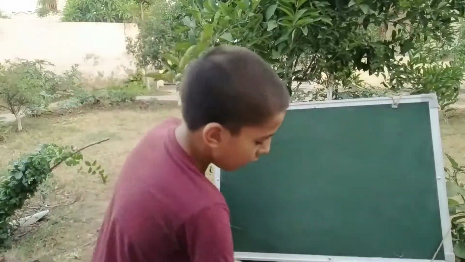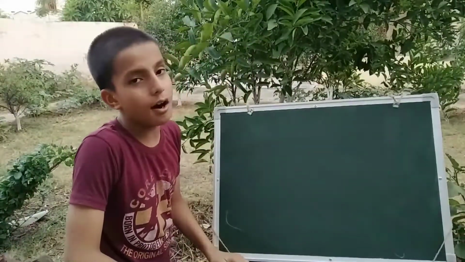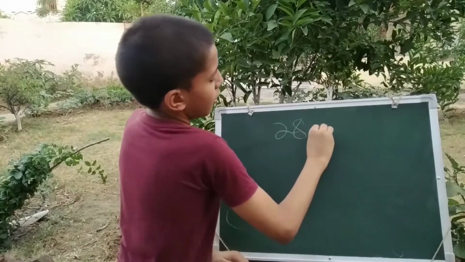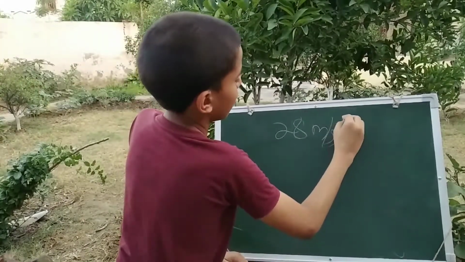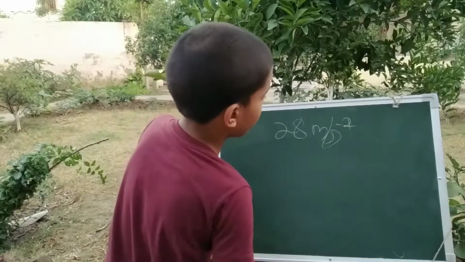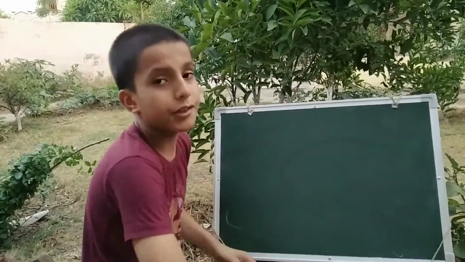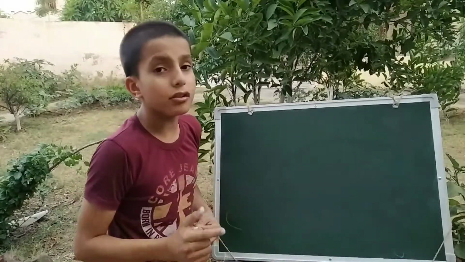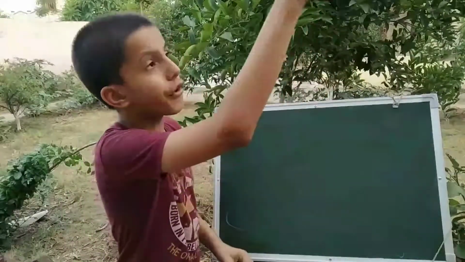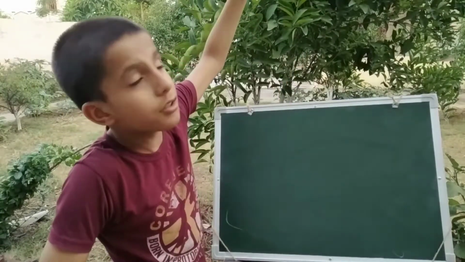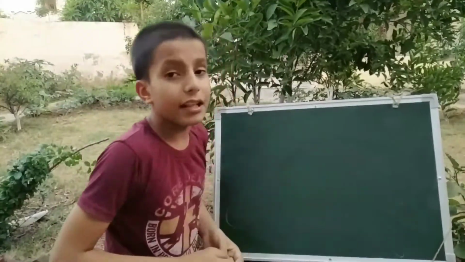And gravity is, we say, 28. So how do we find out the potential energy here when I have taken this 20-gram duster?